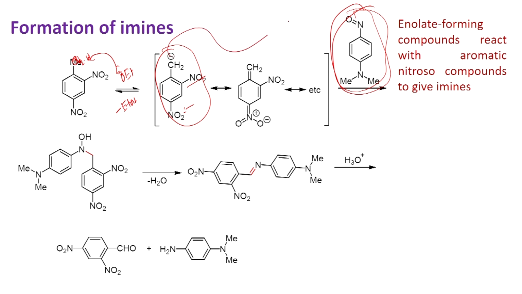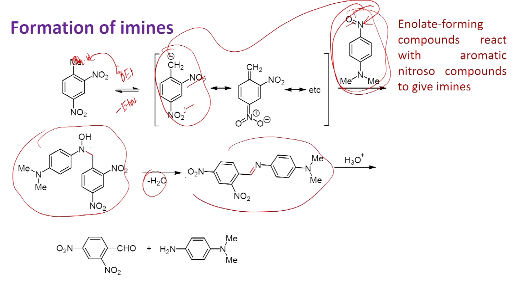It can undergo addition reaction with this nitroso compound, and you will be able to form this hydroxylamine derivative. Once you form this one, it can lose a water molecule as shown here. Then you will be able to form the imine as the product.